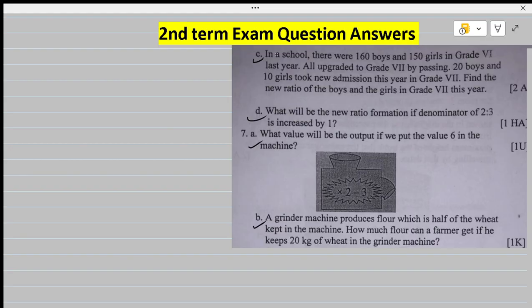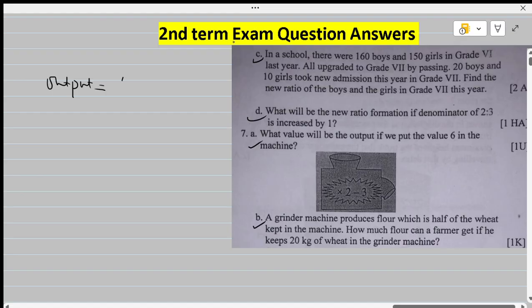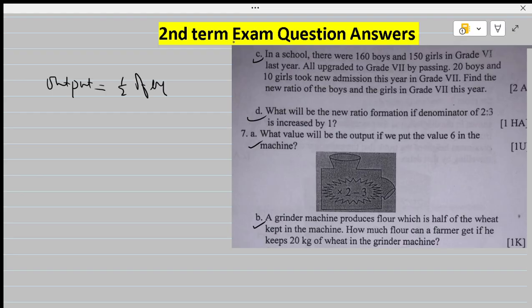How much flour can a farmer get if he keeps 20 kg of wheat in the grinder machine? The output equals half of the input. So the output will be half of 20 kg, and that becomes 10 kg. That's it, very simple, right?